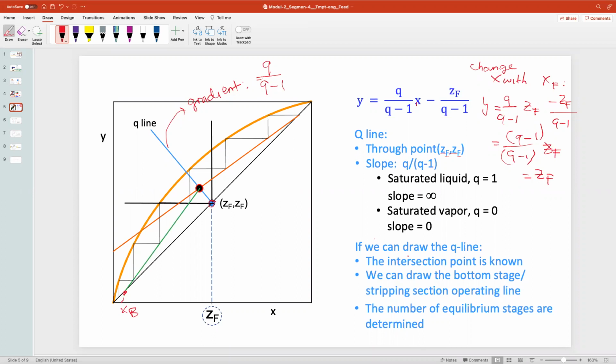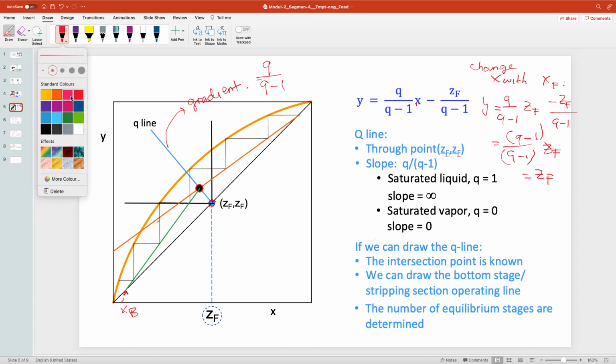So if we can draw the Q line, the intersection point is now known. We can draw the bottom stage, or the stripping section, to the XB, and then we can calculate the number of equilibrium stages.